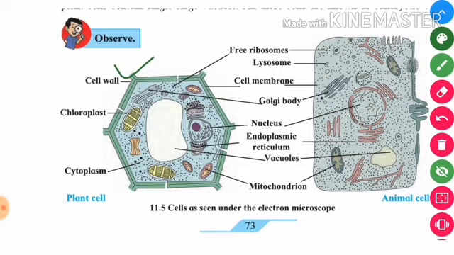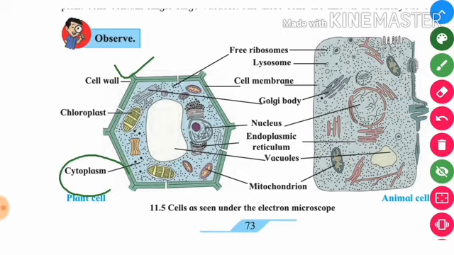Chloroplasts are present in the plant cell, and cytoplasm is also present in the plant cell. Then free ribosomes are present in both cells. Lysosome is also present in the animal cell.